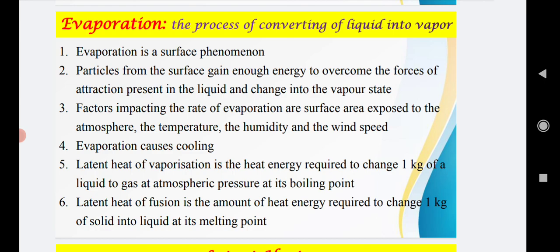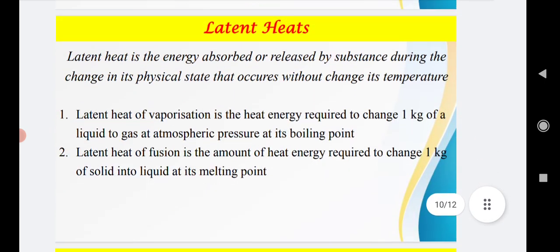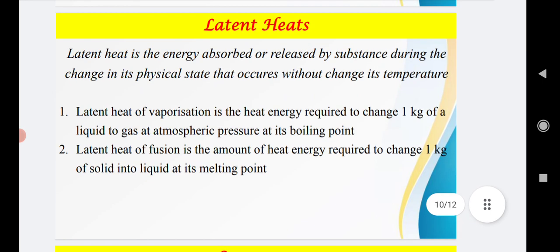There is one more point, that is latent heat. There are two types: latent heat of vaporization and latent heat of fusion. So let us first discuss what latent heat is. Latent heat is the energy absorbed or released by a substance during a change in its physical state that occurs without changing its temperature.